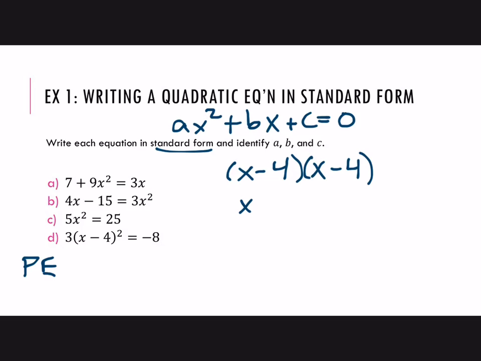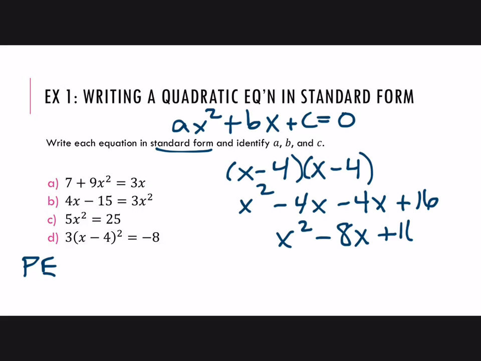So that's x squared, and then the outer terms, x times negative 4 is negative 4x. Inner terms, negative 4 times x is negative 4x. And then last terms, negative 4 times negative 4 is positive 16. And then combine the like terms in the middle, x squared minus 4x, and minus 4x is negative 8x plus 16.